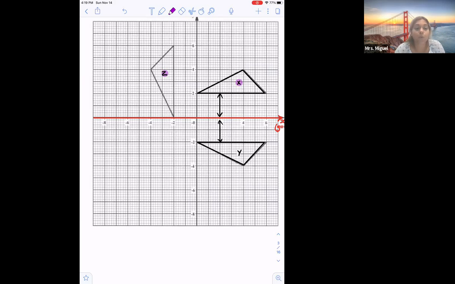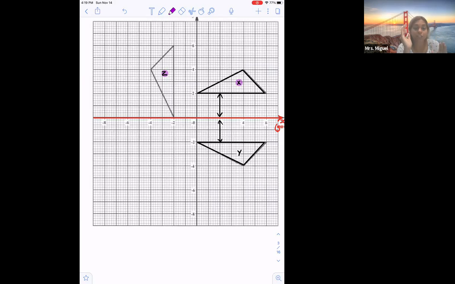So what we are going to do, it is not a reflection, because if you look at the orientation of triangle X, it is not in the same orientation as Z. So which means triangle X went through a rotation.